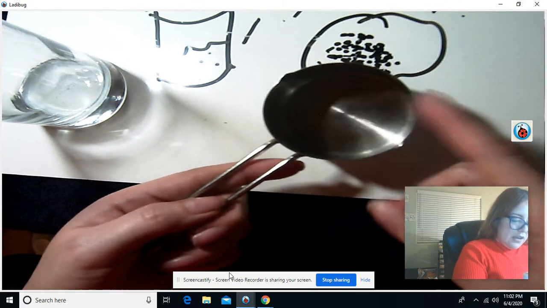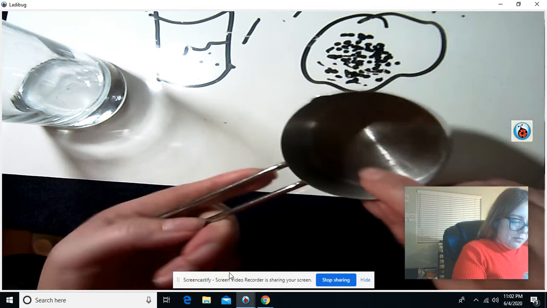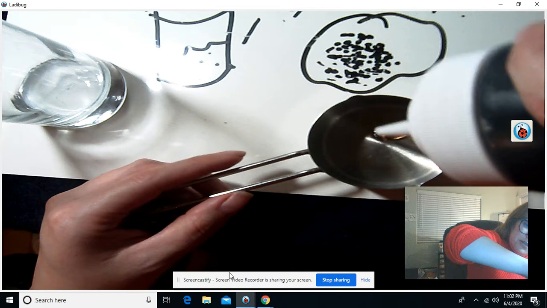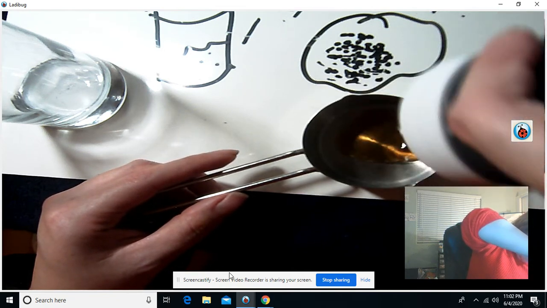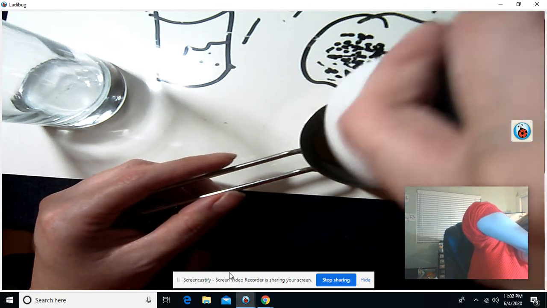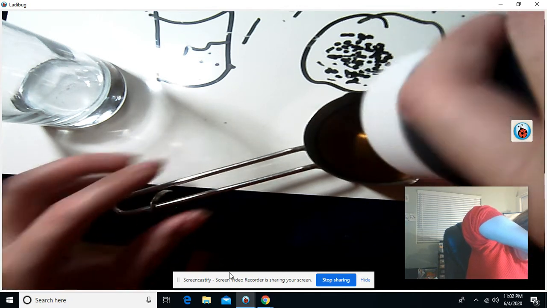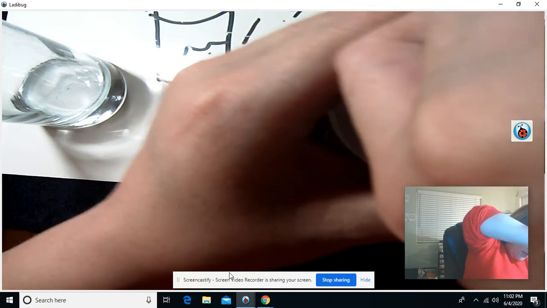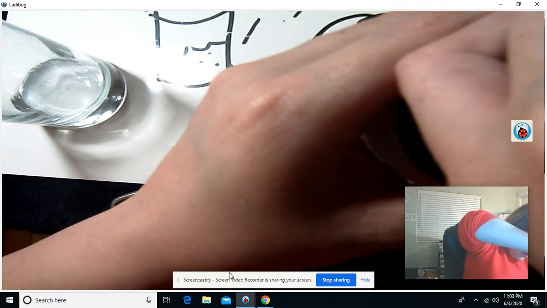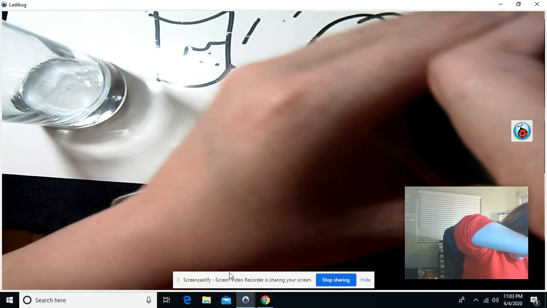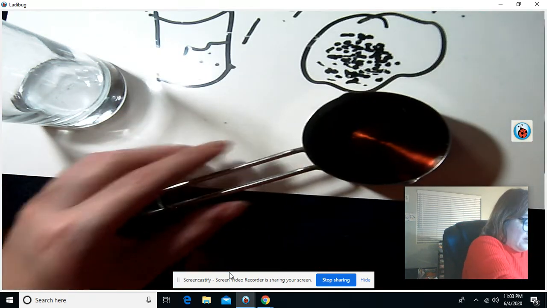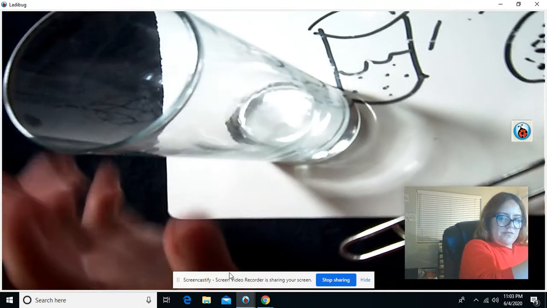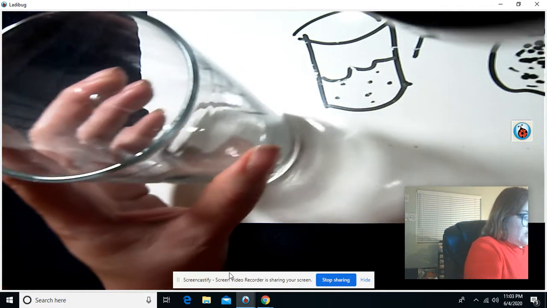So I think I'm going to take my cup and fill it up about halfway, so I can make sure that I have the same amounts. Okay, I went a little more than halfway. And then I'm going to pour this into my cup. And we're going to watch it go.